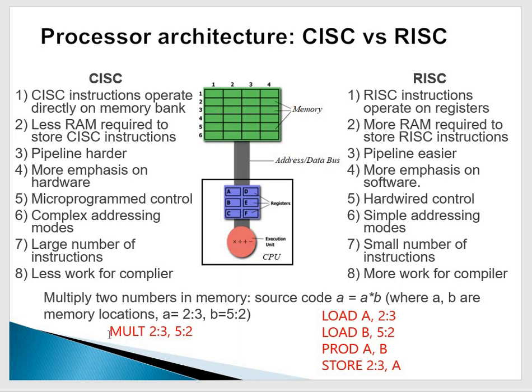So this instruction is used to multiply the data of memory locations 2 and 3 with another set of data 5 and 2, and after the multiplication the data will be stored to locations 2 and 3. This single instruction performs the whole operation: it gets the data from memory, multiplies the operands, and stores the data back to memory.